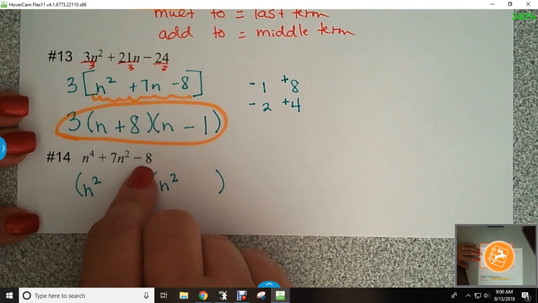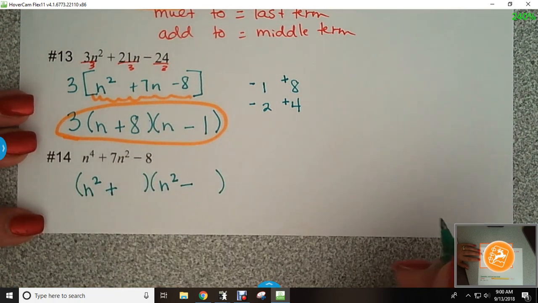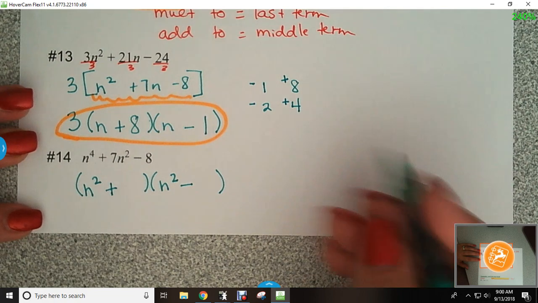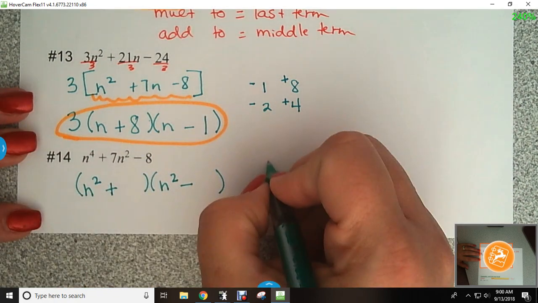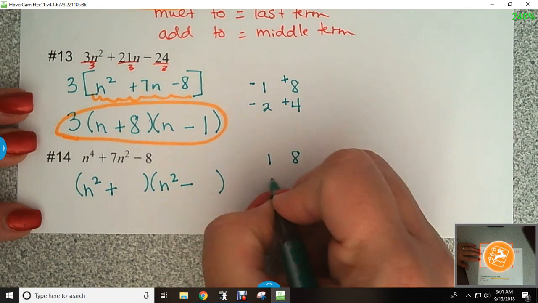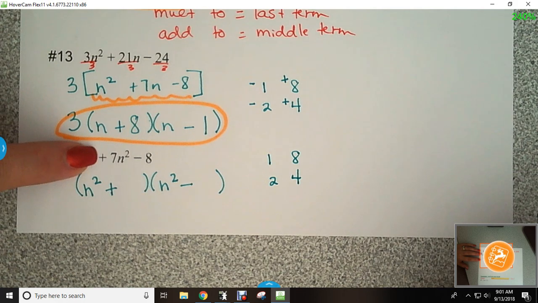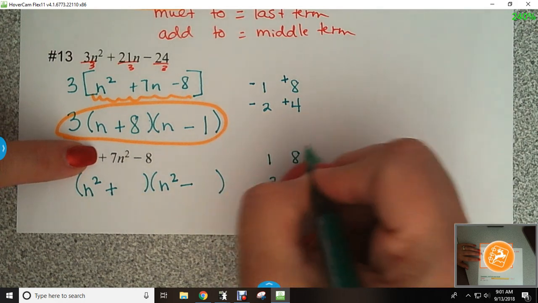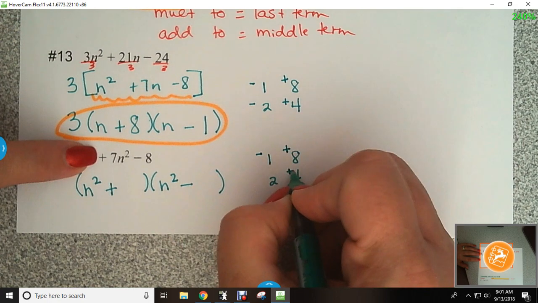Okay, this is negative, so that tells me I'm going to need one of each sign. Then, just like in the last problem, I need numbers that multiply to be 8, so that's 1 and 8, or 2 and 4. My middle one is positive, so I know in each pair the big number is positive, the small one is negative.